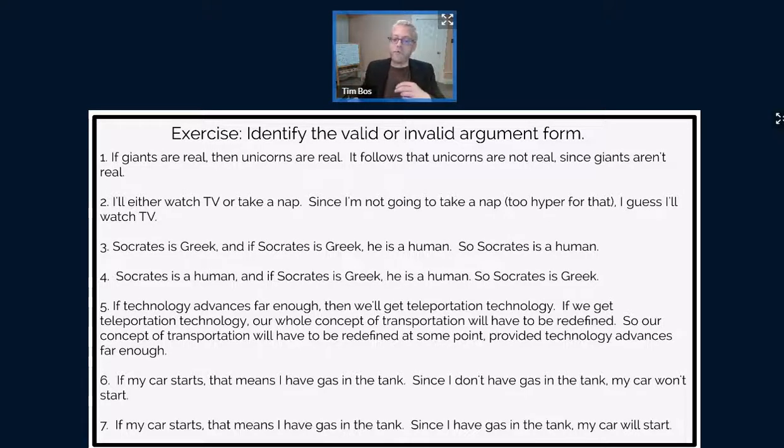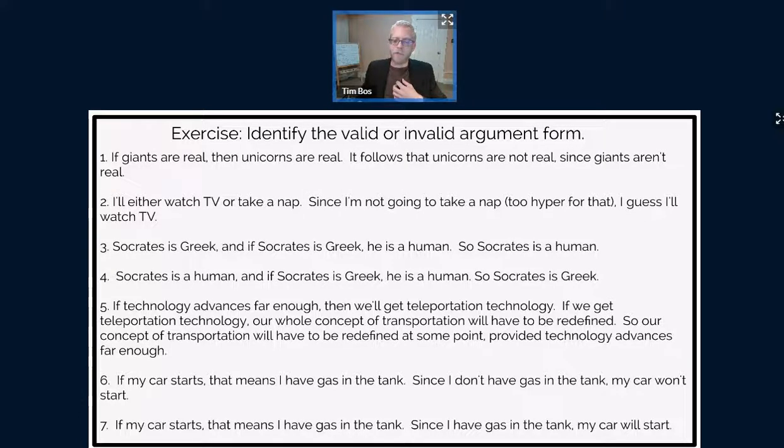It follows that means that that's a conclusion indicator, right? So the conclusion is unicorns are not real. One of the premises must be giants aren't real because it says since. Right? Since is a premise indicator.